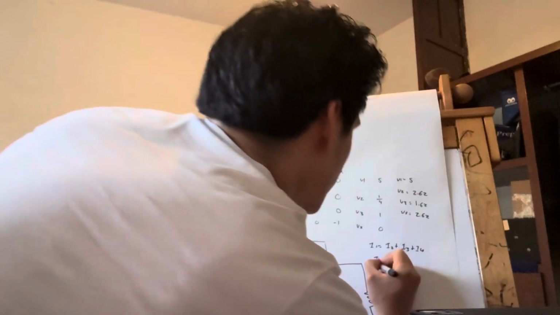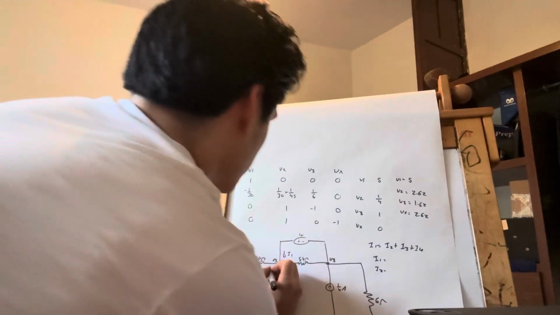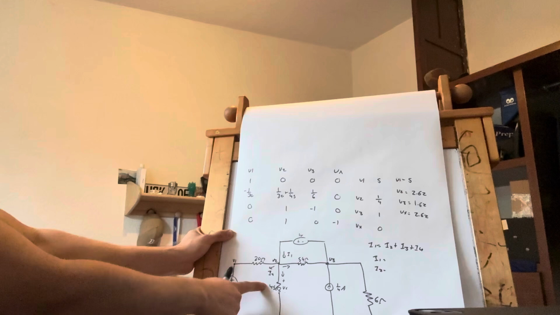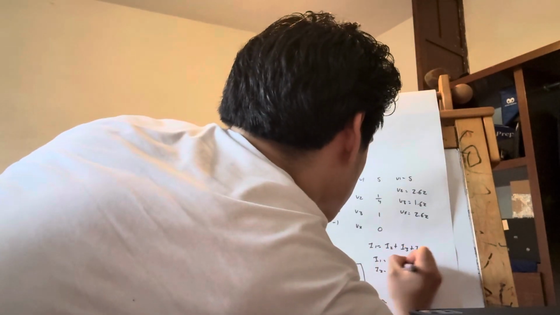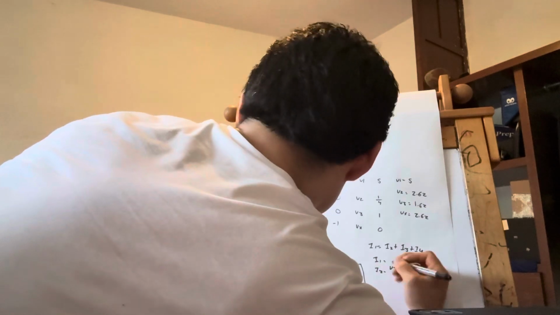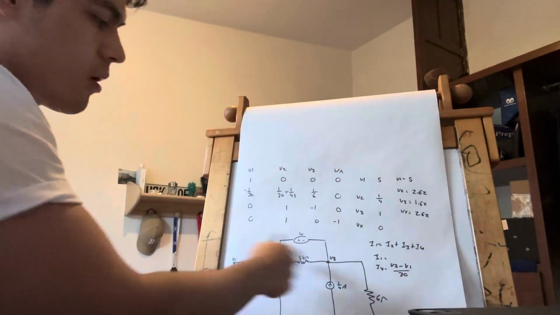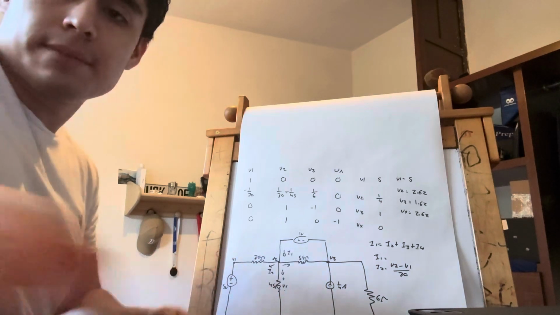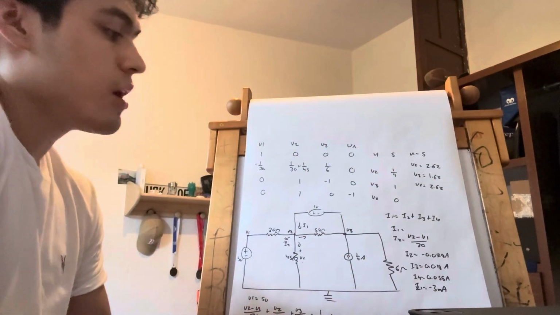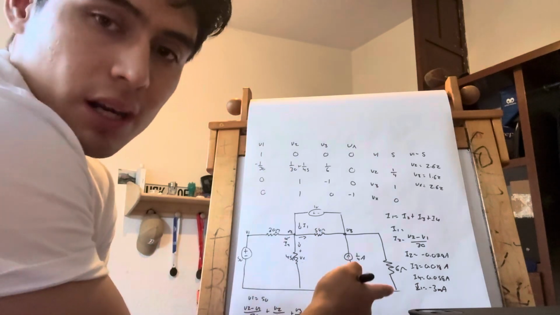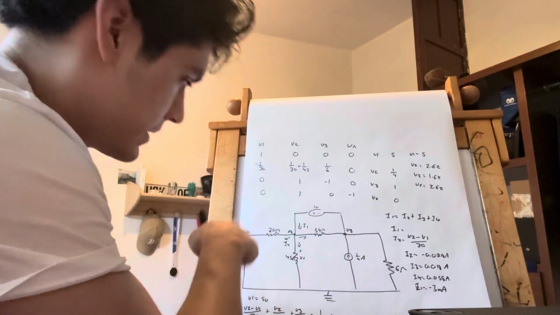But what will be I2? Supposing this is I2, it will be equal to (B2 minus B1) over 30, and so on with the other currents. So after doing these operations for all the currents, we realize that I1 is minus 3 milliamperes.